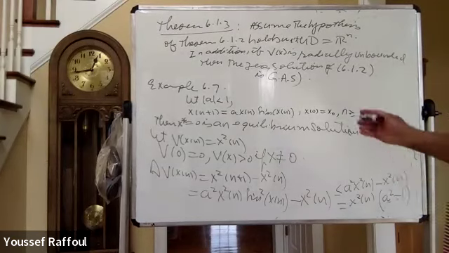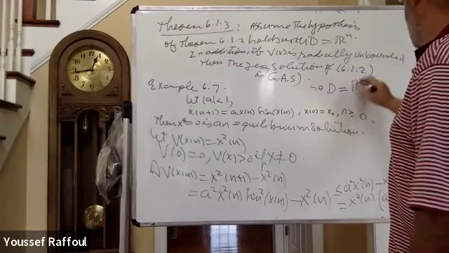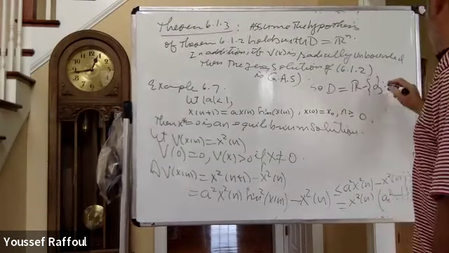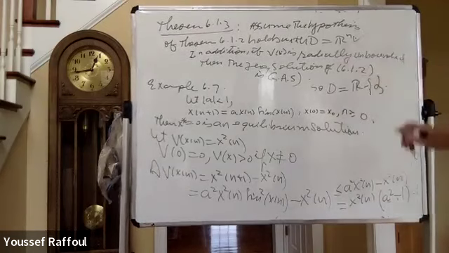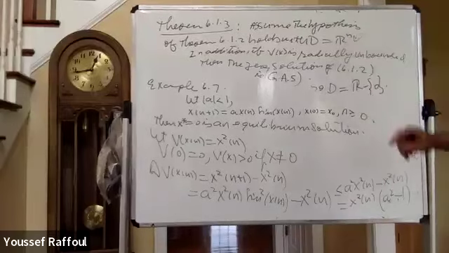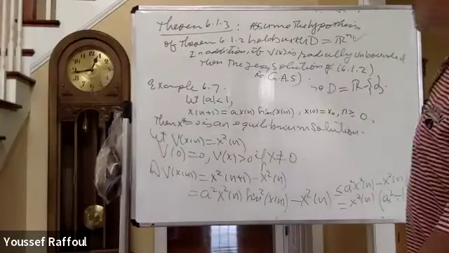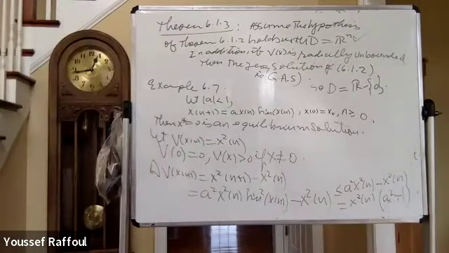So here D is R minus 0, which is good. So that is satisfied because here we have a scalar. Of course, we need to exclude 0 because the set D does not include it. Okay, verify this.